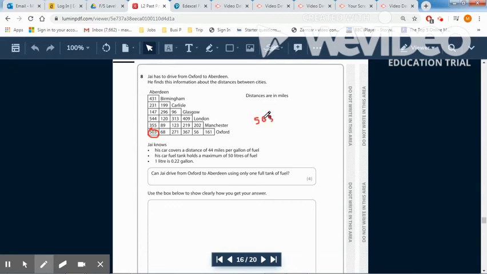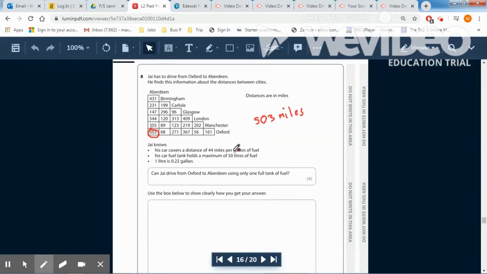So 503 miles. Next thing I have to do is a little bit of conversion. His tank holds a maximum of 50 litres, and 1 litre is 0.22 gallons.